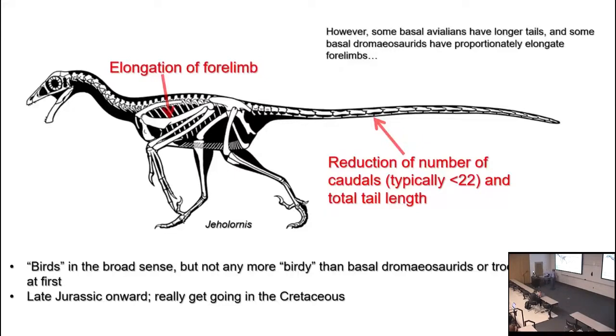So this is much longer proportionally than any other avialian tail. And there are a few basal Dromaeosaurids whose arms are proportionally as elongate as avialians. So if they were clearly distinctive, we wouldn't have these issues about understanding the relationships.